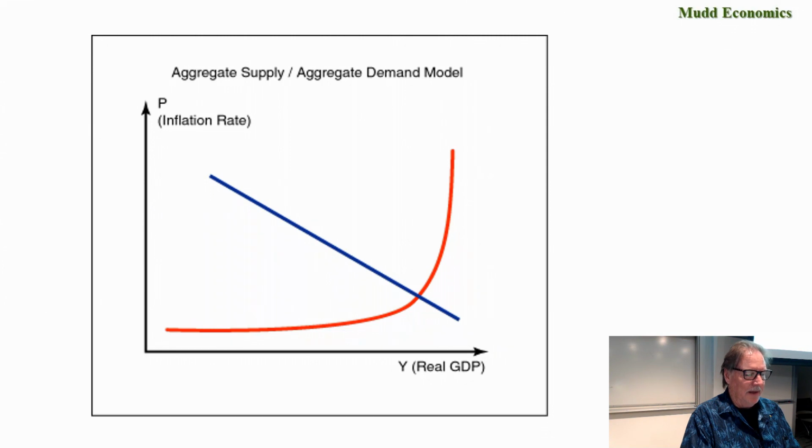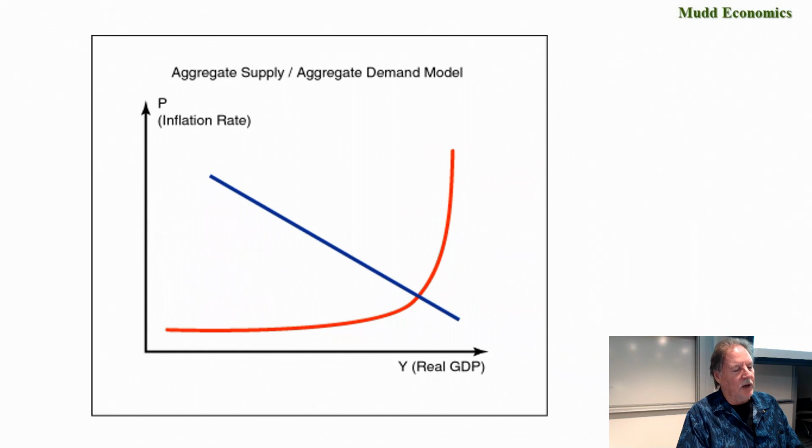This is a model that is an aggregate of the standard microeconomic supply and demand model you've almost certainly seen if you've ever taken a course in economics at the high school level. I mean, you've seen the micro version of this because it's the standard supply and demand model that is found in just about every introductory economics textbook in the world. And you kind of know how it works.